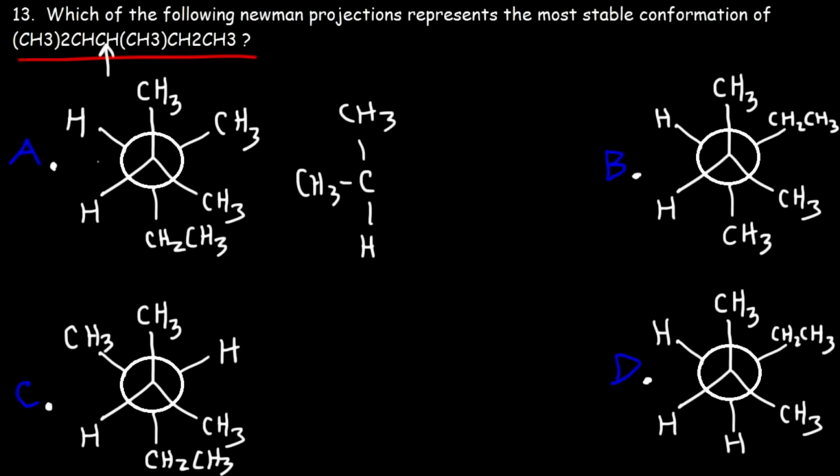Next, it's attached to another CH group. So basically that's a carbon with a hydrogen. And this CH is attached to a CH3 and is attached to a CH2CH3 group.